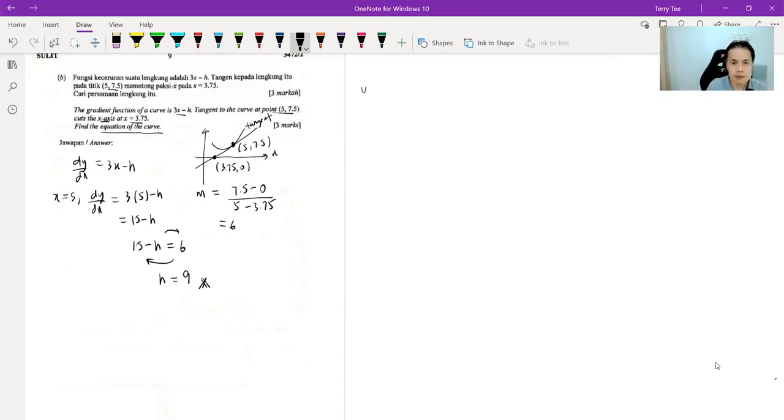Now, the equation of the curve is your y, right? Maybe I rewrite first. I already know my dy dx is 3x minus h. h is 9. To find y, I need to integrate 3x minus 9 dx. Okay, so I hope you know how to integrate. Yeah, by now, when you integrate a function, what do you do? You increase the power by 1, copy x, increase the power by 1, divide by the increased power.